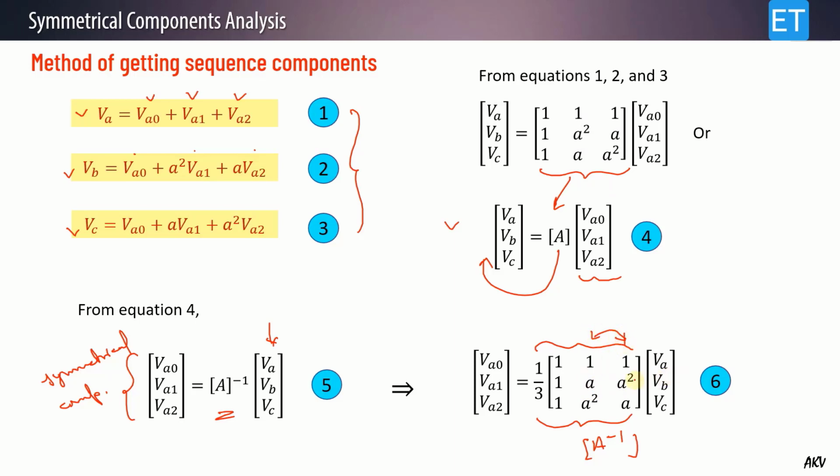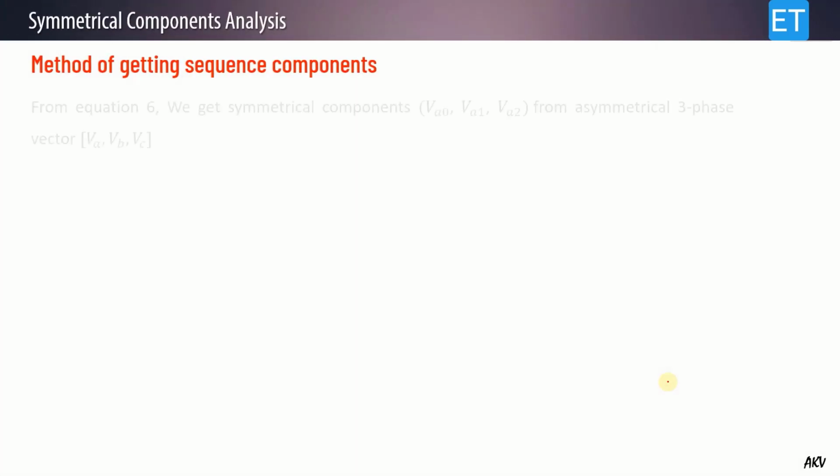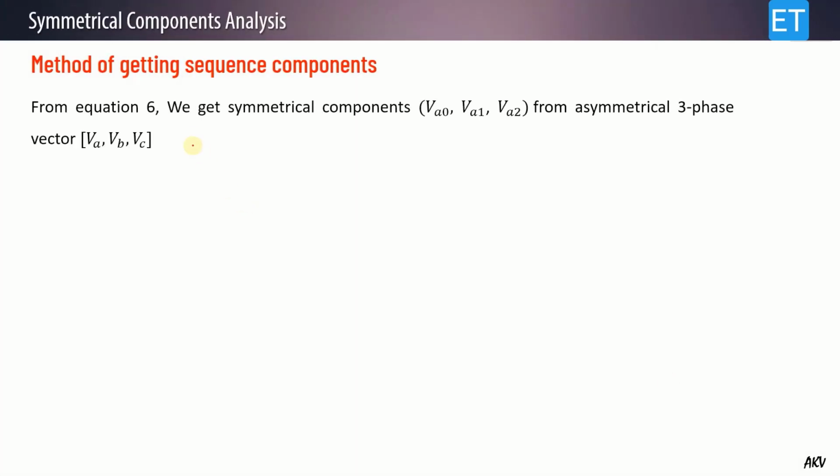Okay, that's it. So from equation 6 I can find all the symmetrical components from the inputs VA, VB and VC.